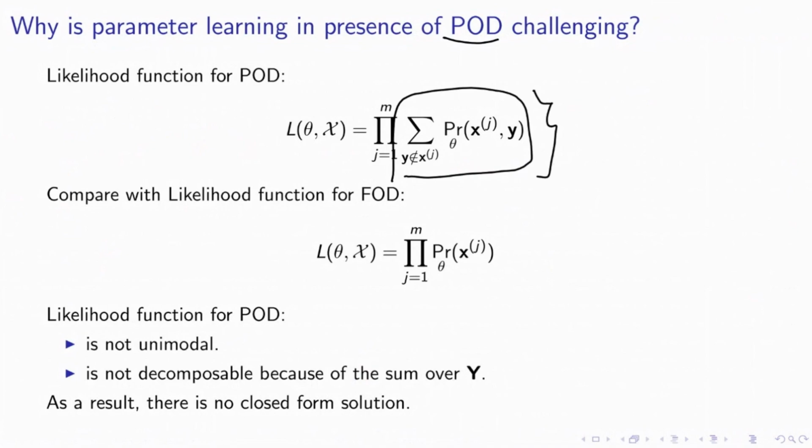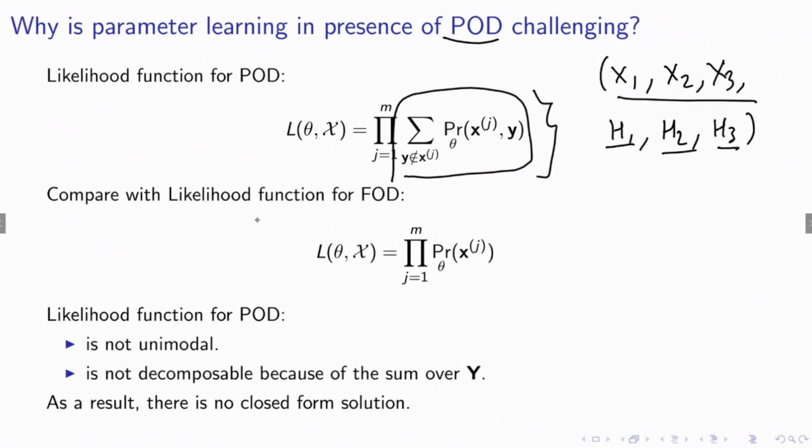Okay, so let's say you are given a data set in which variables x1, x2, x3 are always observed, and variables h1, h2, h3 are not observed. Then the likelihood is always defined over the variables that are observed.